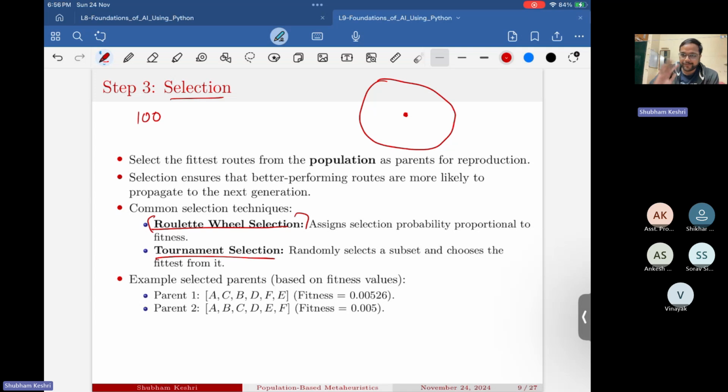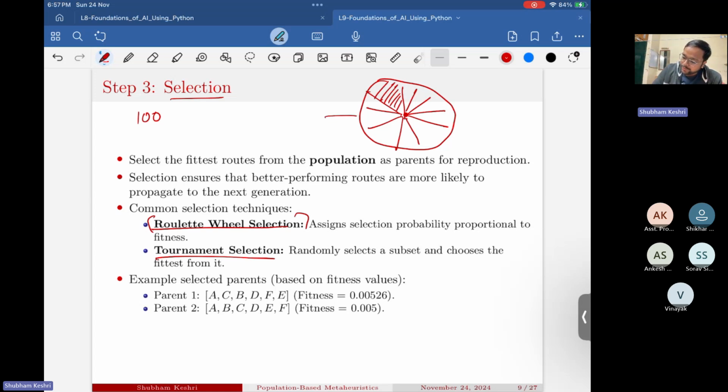Suppose you have 100 individuals. You divide this wheel into 100 regions, but the area of each region will be proportional to its fitness. So the higher the fitness of an individual, the larger its area in the wheel. 100 regions will be there, but a higher-fitness individual will have a larger region.